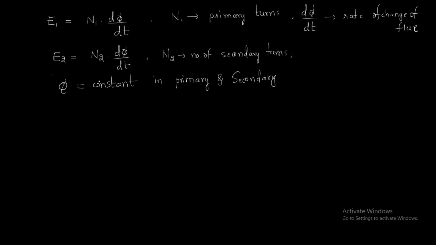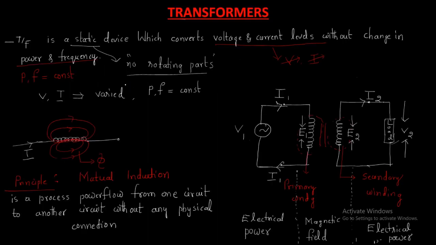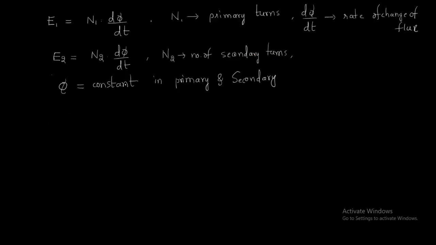That's why E1 equals N1 d phi by dt and E2 equals N2 d phi by dt. These are the induced EMFs. And now we will look at each and every quantity in the case of the transformer.